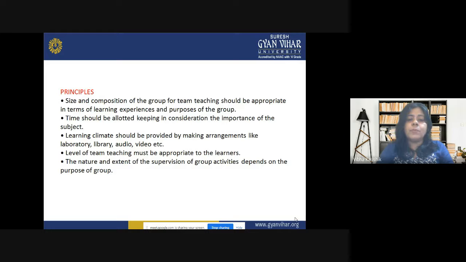Learning climate should be provided by making arrangements like laboratory, library, audio, video, etc. Level of team teaching must be appropriate to the learners. The nature and extent of the supervision of group activities depend on the purpose of the group.